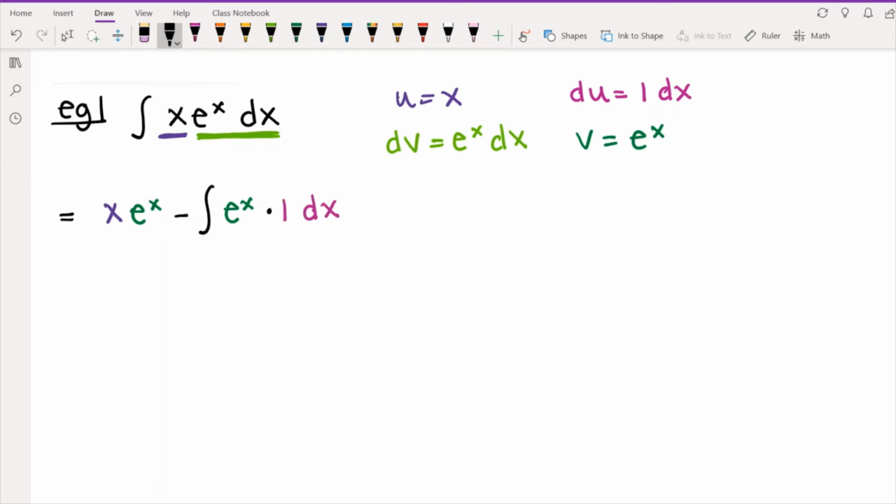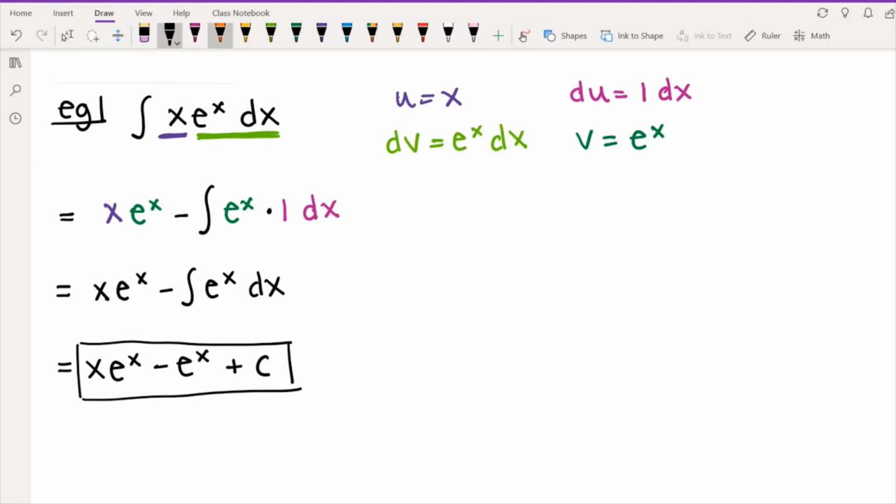And so this is x e to the x minus the integral of e to the x. And we know how to find the antiderivative of e to the x, right? It's just e to the x. And so we're left with x e to the x minus e to the x plus c.